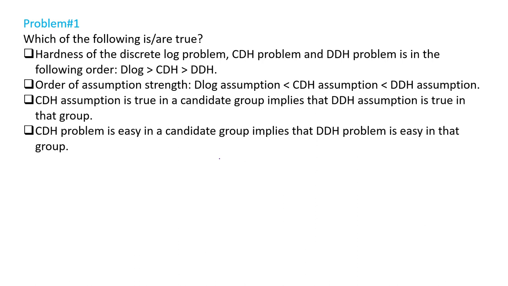Okay, so maybe I can just discuss them. It is of course discussed in the lecture also, so you can follow from the lecture once again, but let me just discuss here once. The point is that there are three problems we are talking about here.